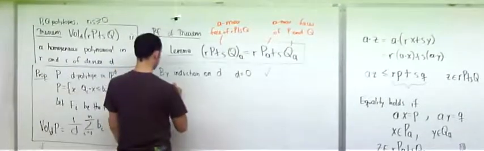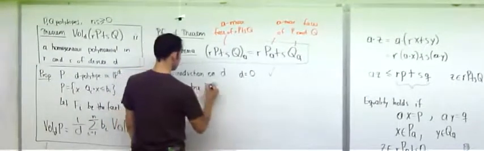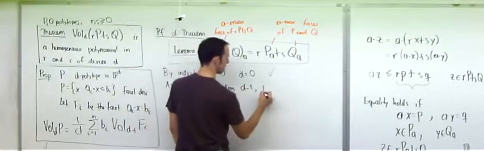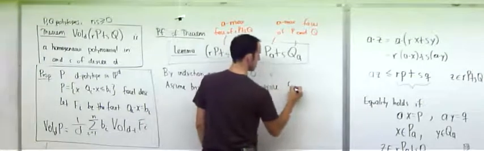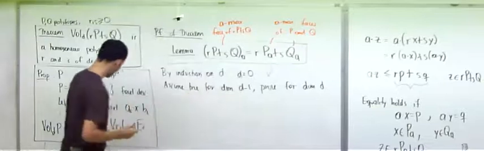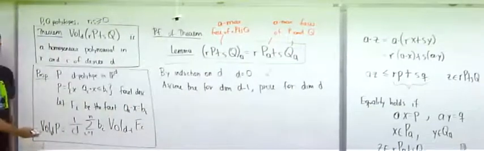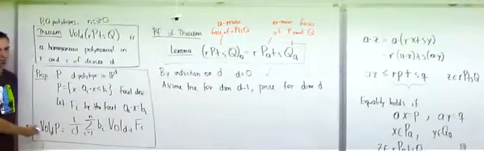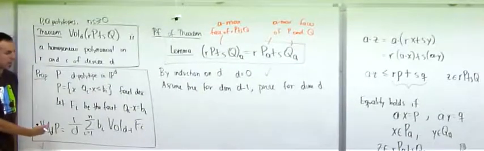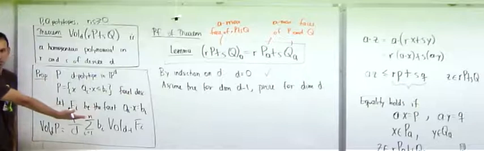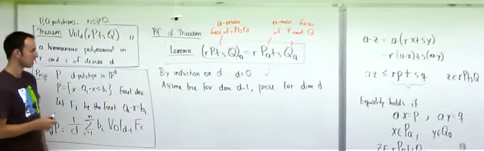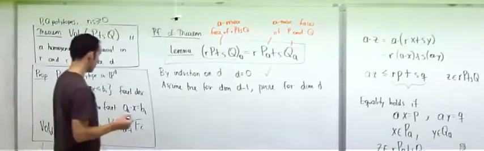So assume true for dimension d minus 1, and now we prove it for dimension d. My tool is going to be this proposition right here, because I have this formula for the volume of P in terms of d minus one dimensional volumes. And so then I'm just going to go through the motions of making this induction go through.